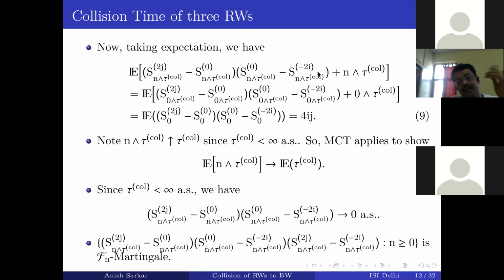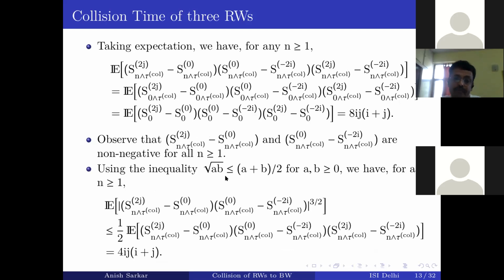So I'm taking out the greater-than part, but I want to show this precise expression. So now I will use the trivial AM-GM inequality: square root of AB is less than or equal to (A plus B) by 2. I want to use this inequality on this term.